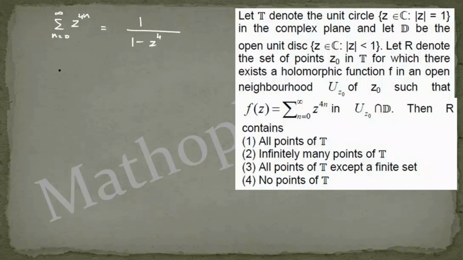So considering the denominator equal to 0, 1 minus z bar 4 will be equal to 0, and z bar 4 will be equal to 1.